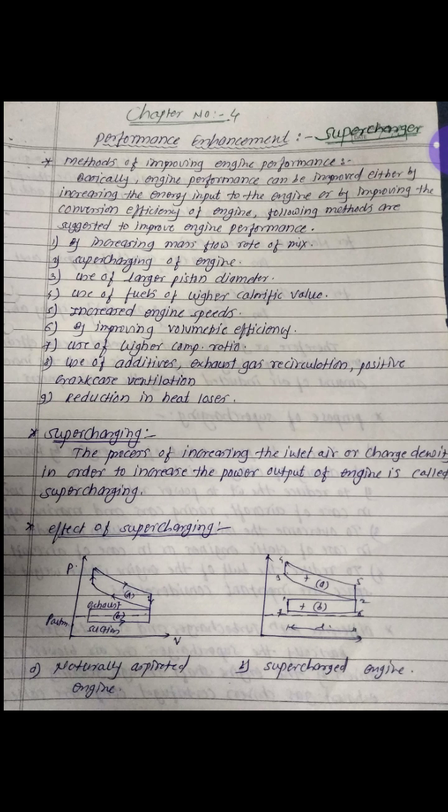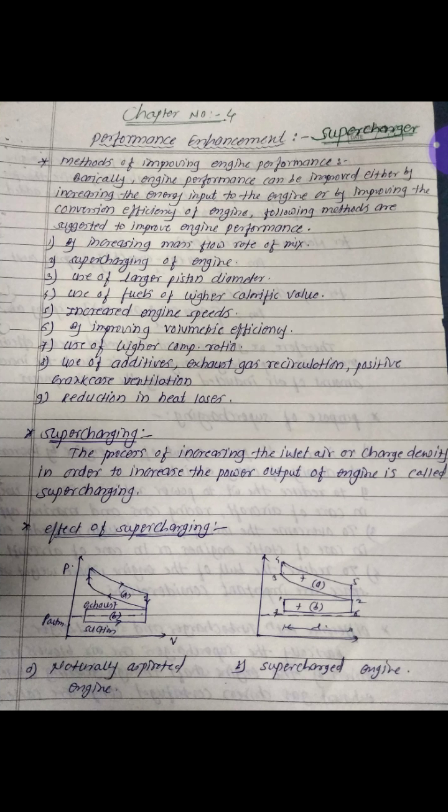So there are a number of methods to improve the engine performance. We know the definition of efficiency of engine. Engine efficiency is always the ratio of output divided by input. So if you want to increase the efficiency, there are two methods.